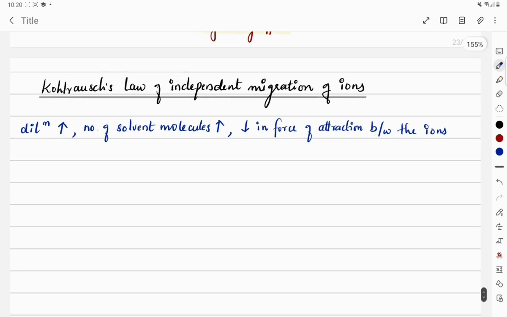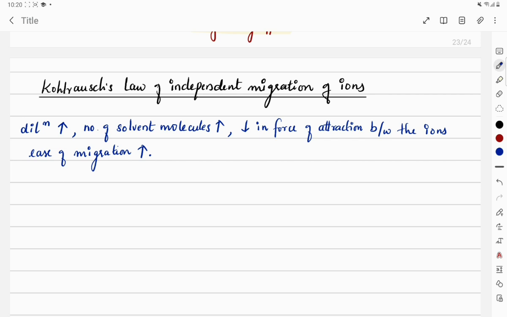Therefore, it becomes easier for them to move towards their opposite potentials. So the ease of their migration will obviously increase. Okay, so because of dilution, in simple words, it is easy for the ions to migrate towards their oppositely charged electrodes.